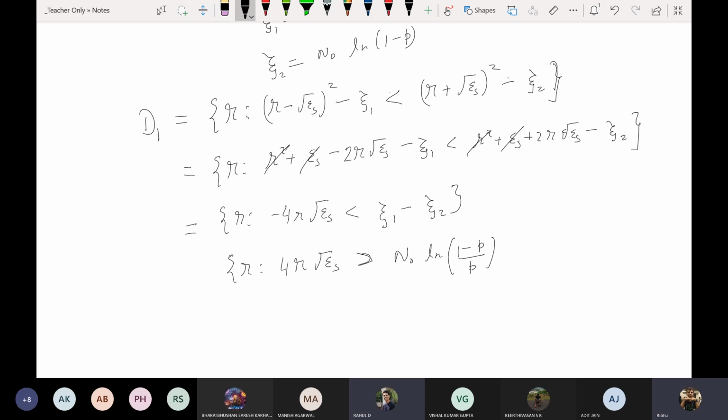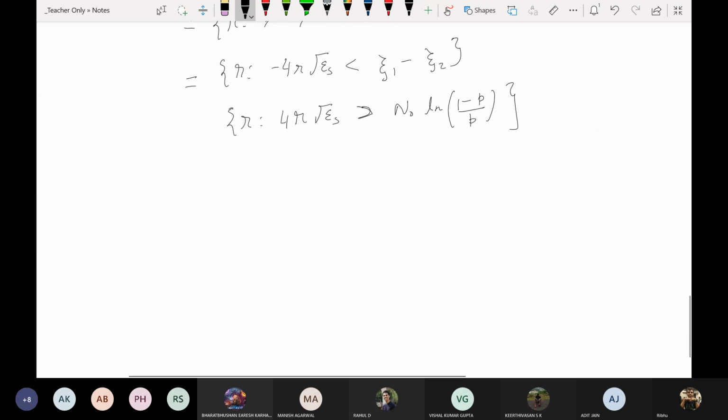So r such that r is greater than this quantity. Fine.